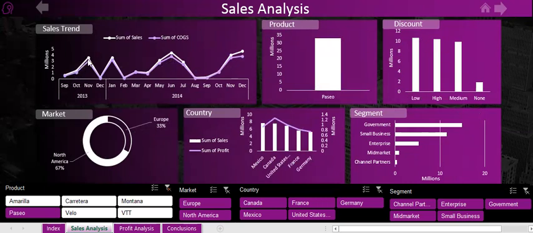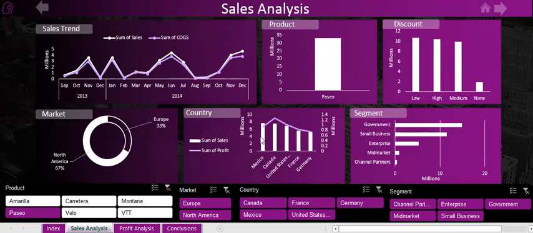See that the trend of Paseo sales in 2013 and 2014 clearly shows that sales increased in 2014, and the highest selling country is Mexico, but the most profit is earned by Canada. Government sector is the highest selling segment. Majority of sales are influenced by low and high discount.